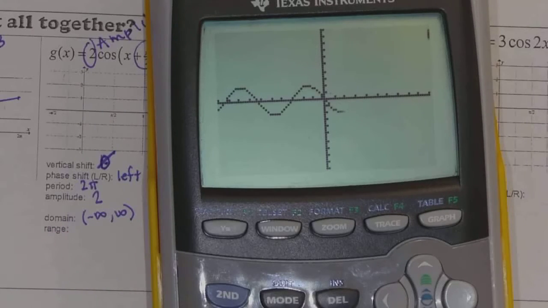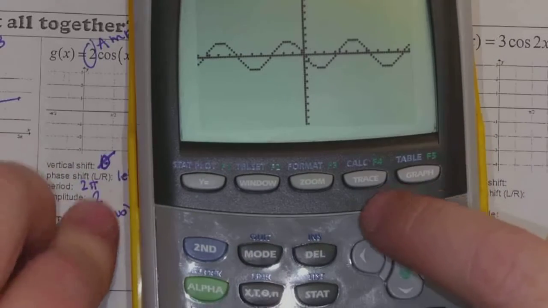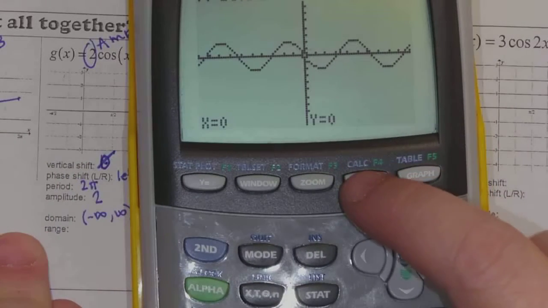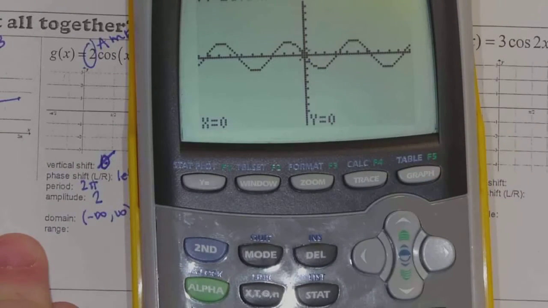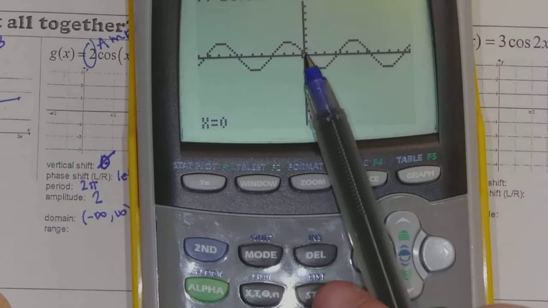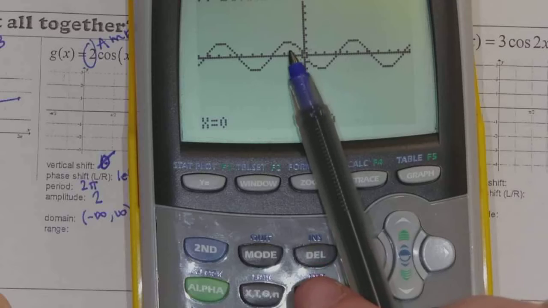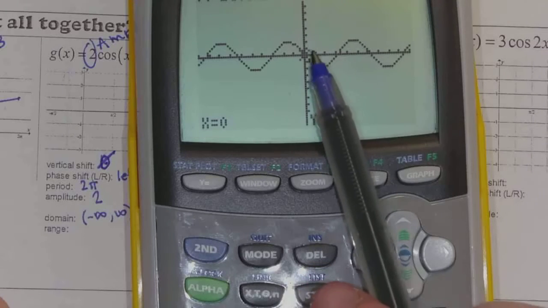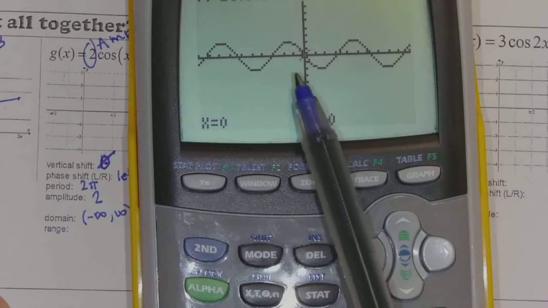We knew the amplitude was going to make it look taller or stretched, and it did. So again, if you're trying to figure out where your points are at, you can hit trace. You start at 0, because we phase shifted this, right? We went left pi halves.